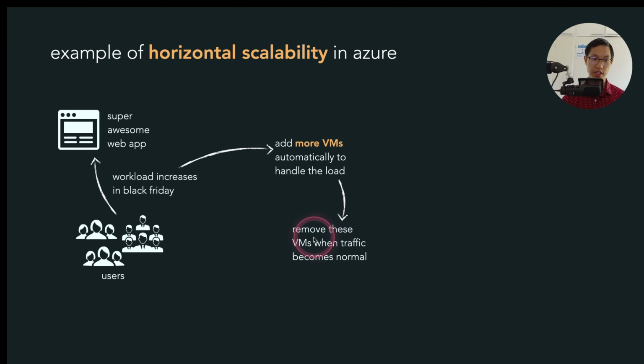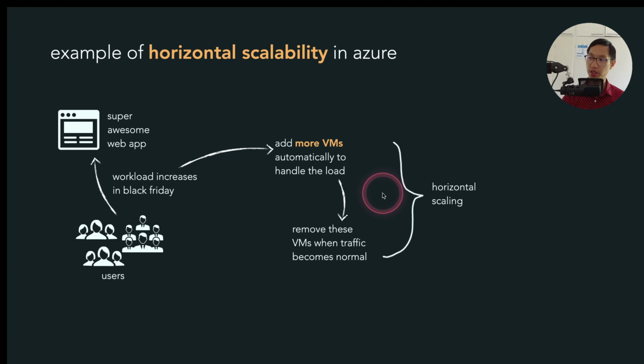So we remove these VMs when traffic becomes normal. During the short time when the workload has increased, we pay more money. Afterwards, when the workload goes down, we decrease the number of VMs and we pay less money. So we pay based on how much the workload is. That is the idea, and this is called horizontal scaling.